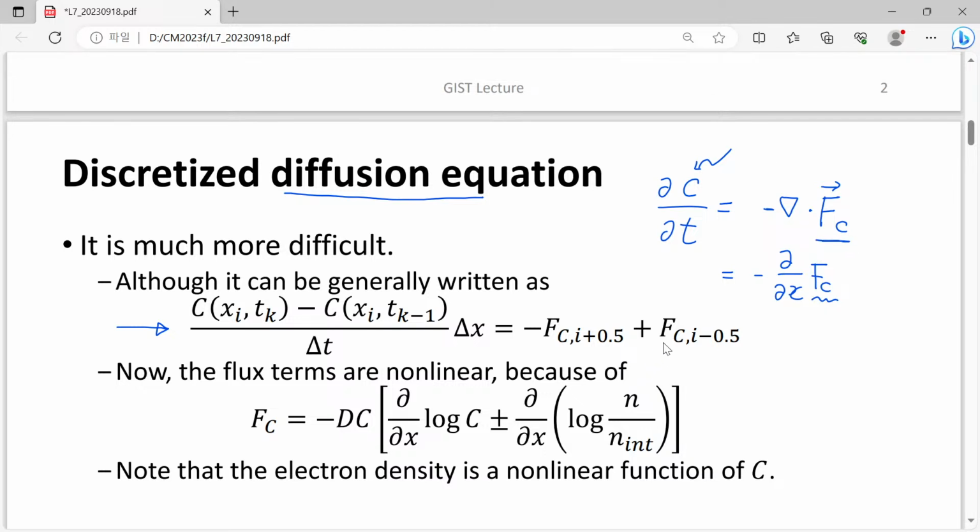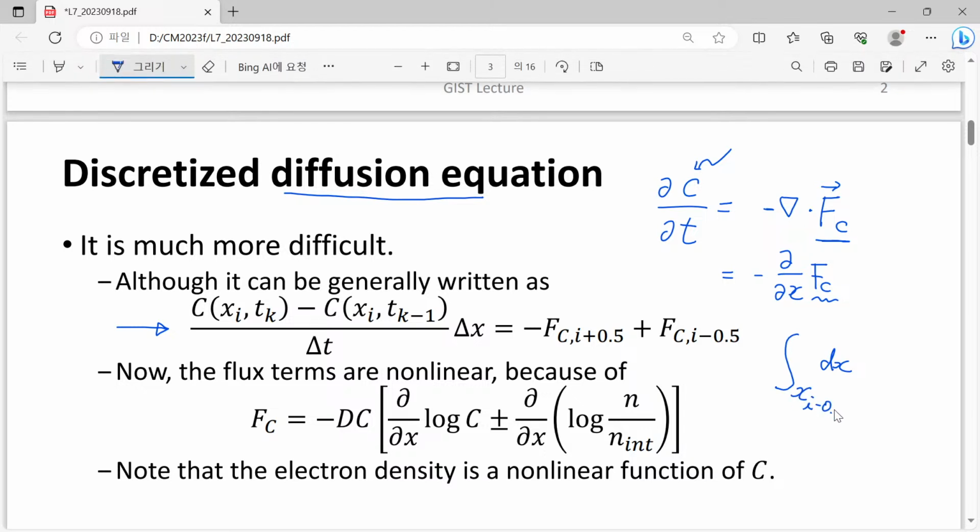Then we can integrate over a certain volume. For example, we can integrate from x_i minus half up to x_i plus half. This corresponds to the midpoint between x_i and x_i minus 1, and this one corresponds to the midpoint between x_i and x_i plus 1.